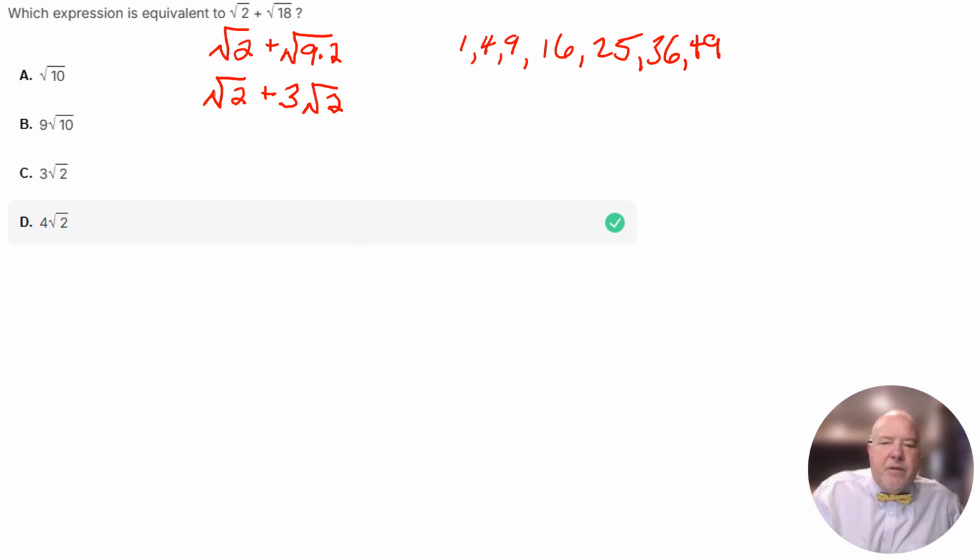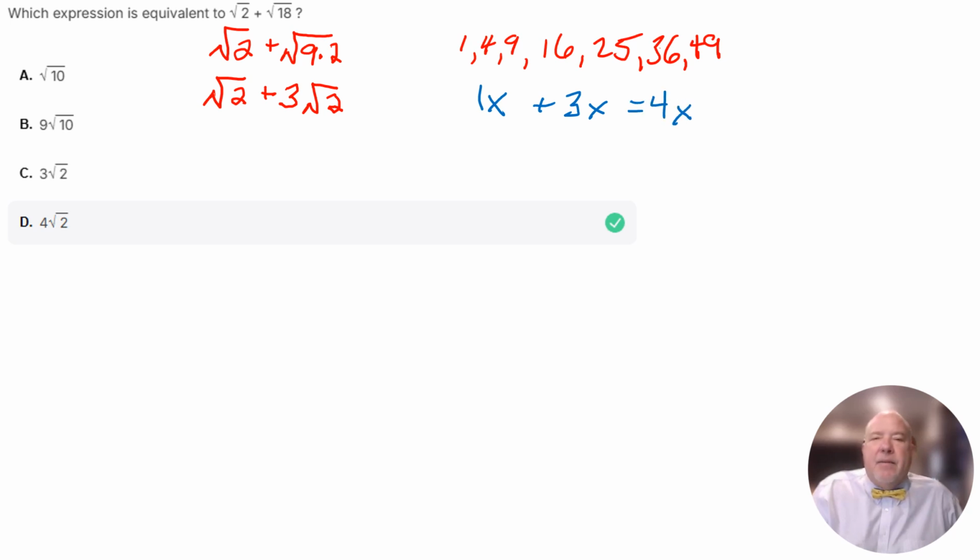But let me show you this. This is an easy way to think of it, I think. I said you can think of those as variables, right? So let me rewrite this, and instead of the square root of 2, I'm going to change it to x. So if I had x plus 3x, I could add those together, right? And remember, there's a 1 here, so this would simplify to 4x.